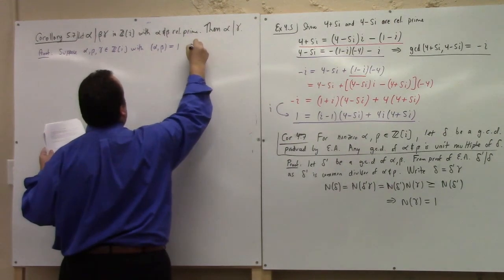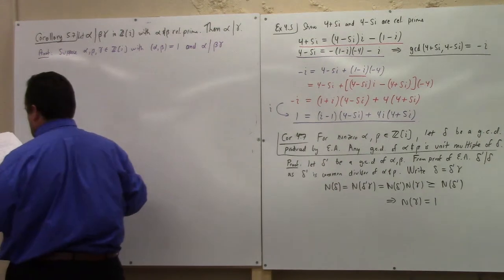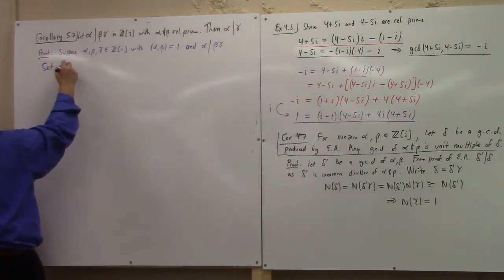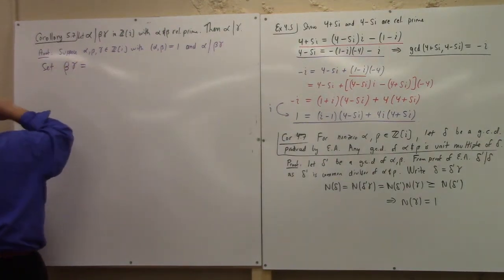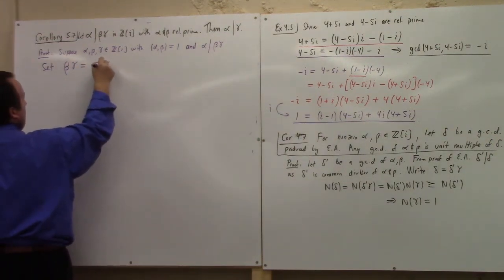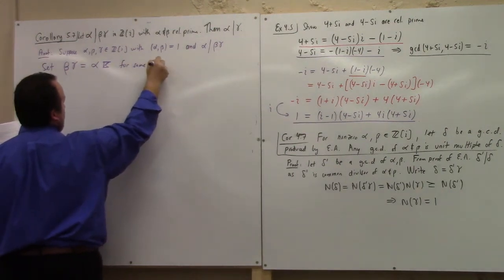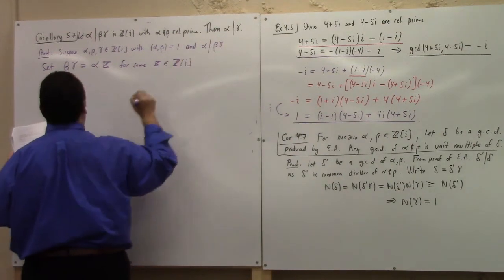And what else do we assume? We assume that alpha divides beta gamma, right? So he says set beta gamma equal to alpha kappa for some kappa in the Gaussian integers, right? We can do that because that's the definition of divisibility.